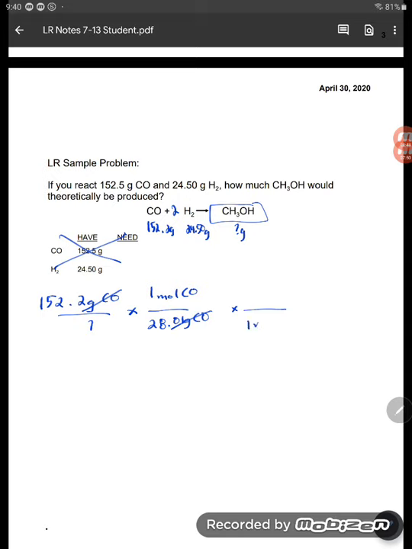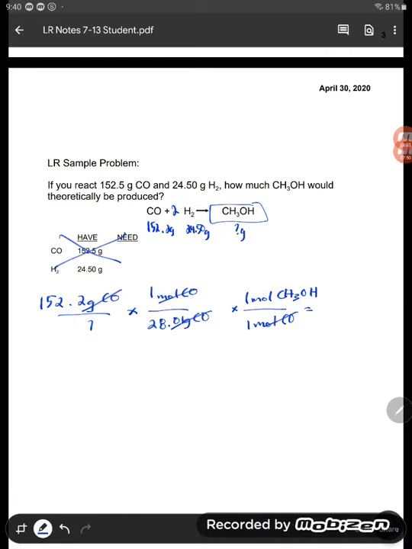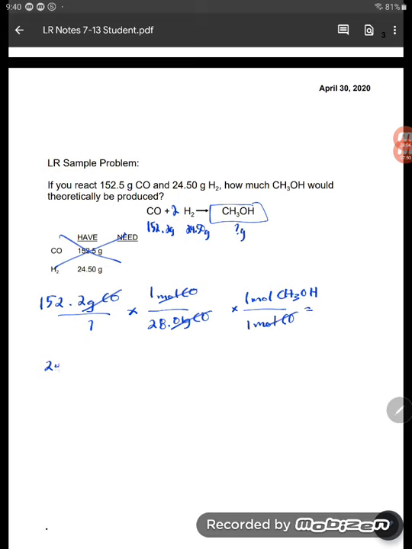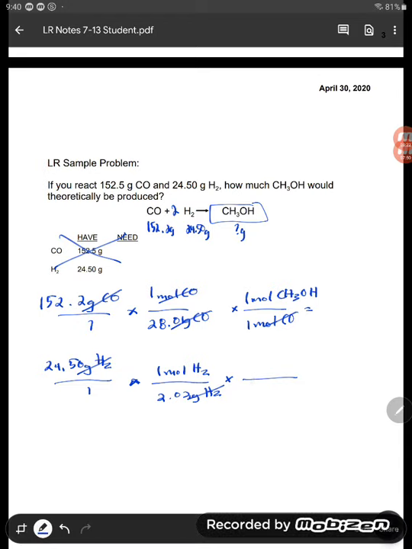Do my mole ratio. 1 mole of CO for every 1 mole of CH3OH. Now I just need to get into something that I can compare the two with. So I'm going to stop at moles. 24.50 grams, and I'll explain that a little bit more in just a moment. I'm just following that double roadmap or your chart, your reference document, whichever you prefer.